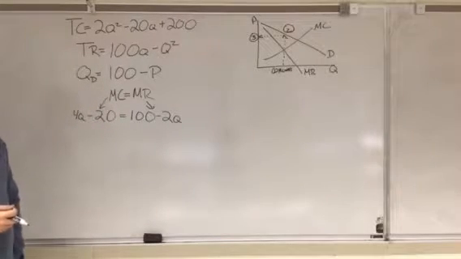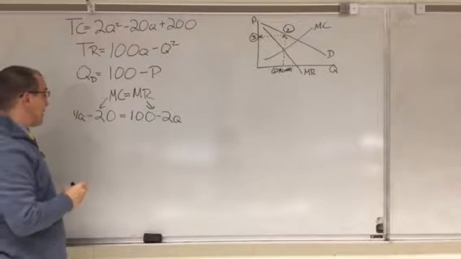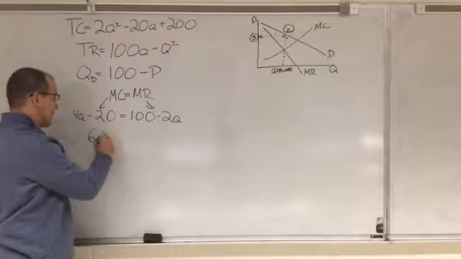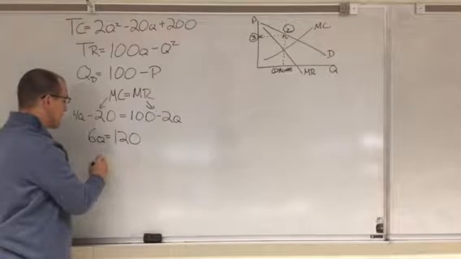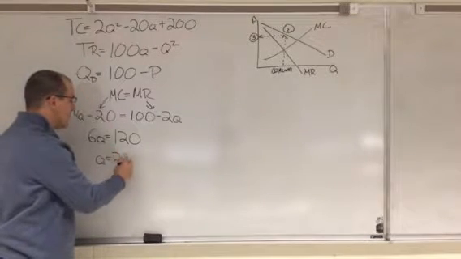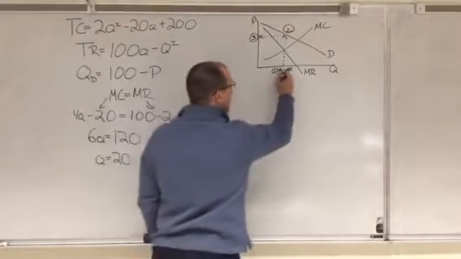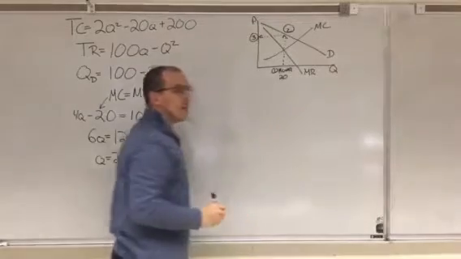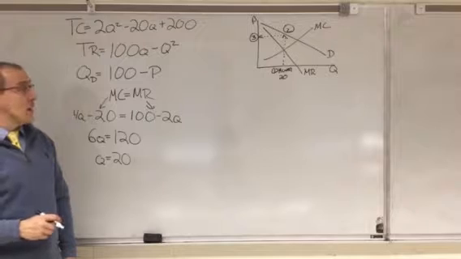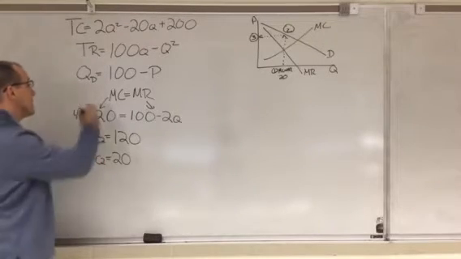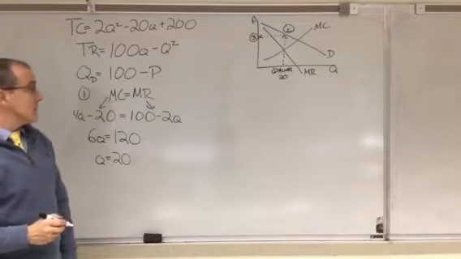At this point, it becomes an algebra exercise. I group my pieces together, and I will have 6Q equals 120, which means that my Q is 20. This quantity is the quantity that the monopolist will produce at to maximize their profits. That is step 1. Step 2 is finding out what the price is.